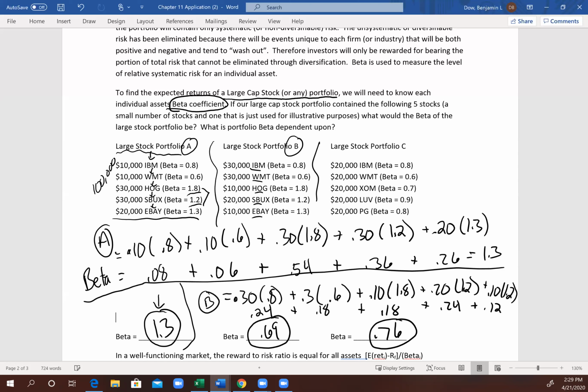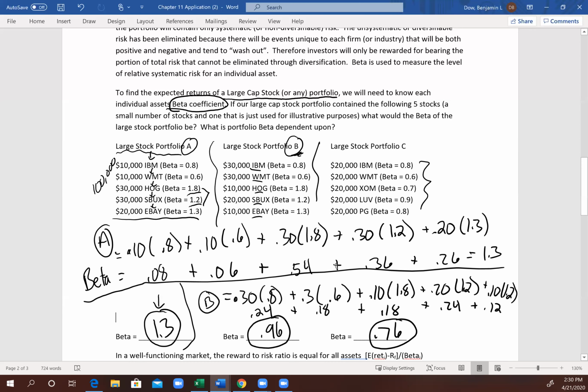Let me recalculate this. 0.96. Okay. So you could end up with a portfolio with the same securities, but depending on the weights, it will have a different beta. Okay. Or you could have a large stock portfolio that contains less risky stocks, and it can have a lower beta.